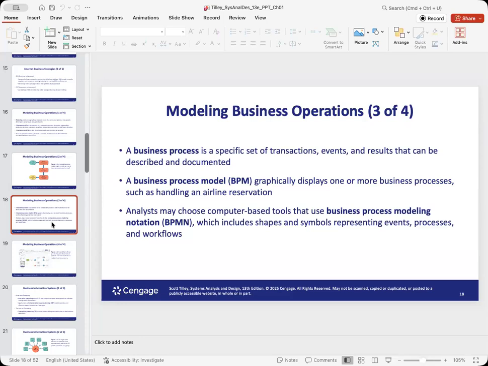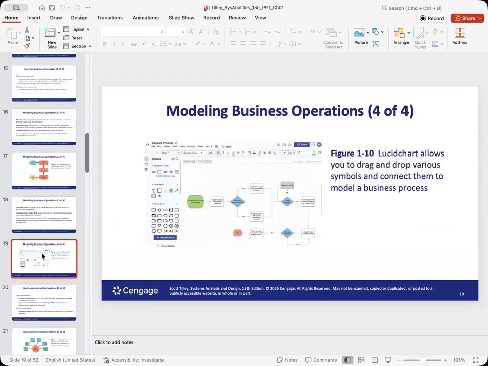So a systems analyst chooses computer-based software in order to model every business process and workflow. The software you choose gives you the type of graphical representation that you will need, and these are some of the graphical representations used to describe them.